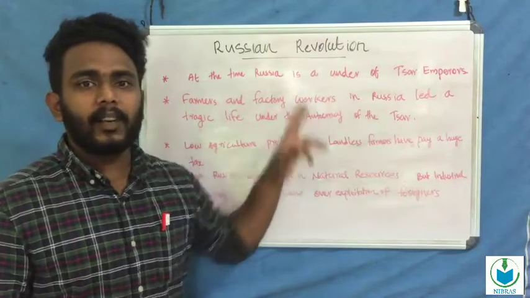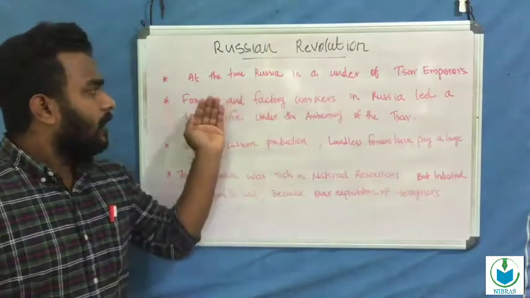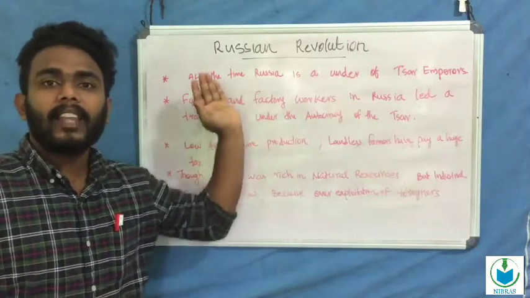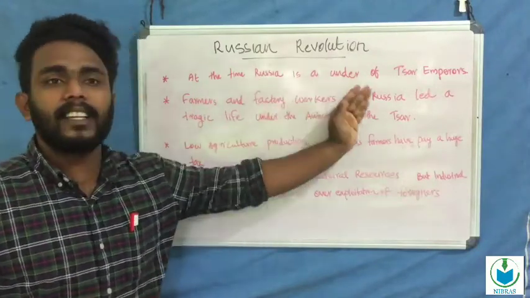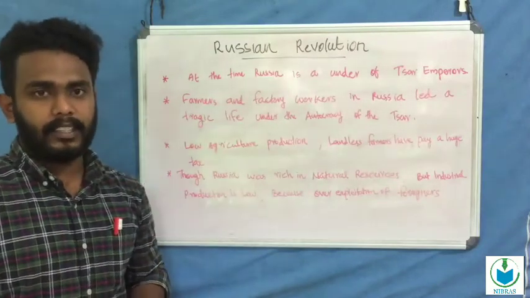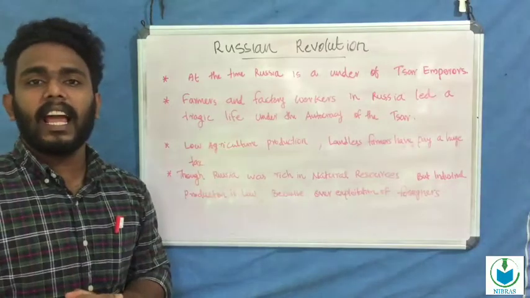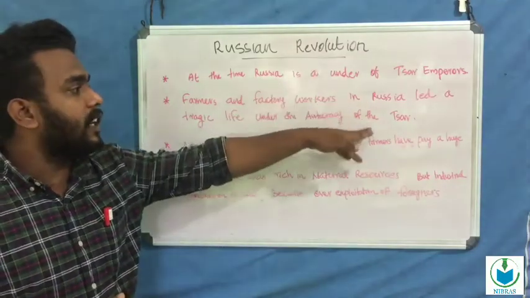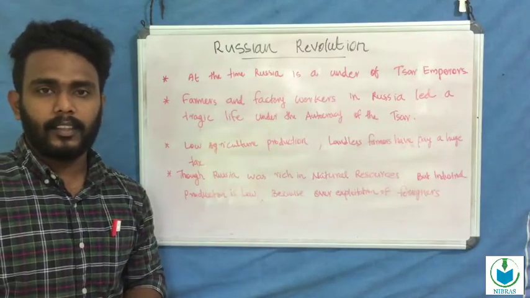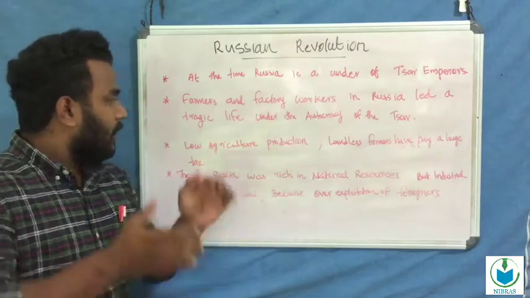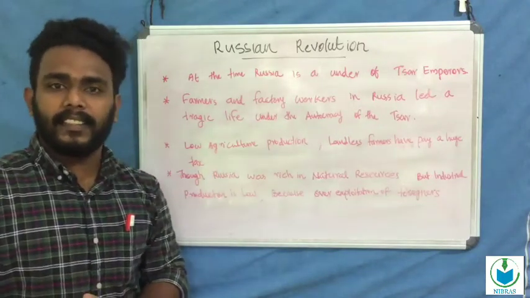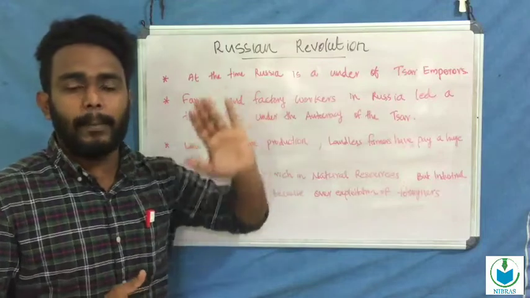Under these rulers, the farmers and the factory workers in Russia led a tragic life under the autocracy of the Tsar emperors. Agricultural production decreased at the time of these emperors.